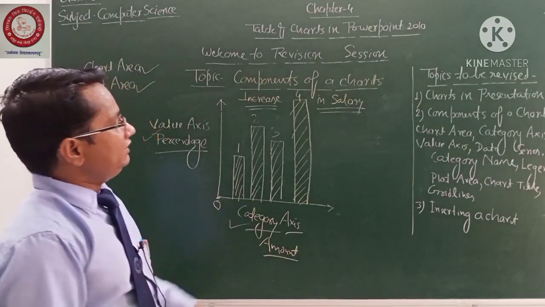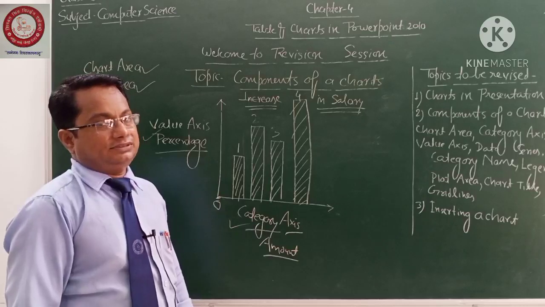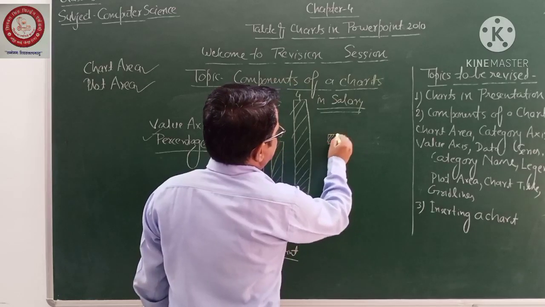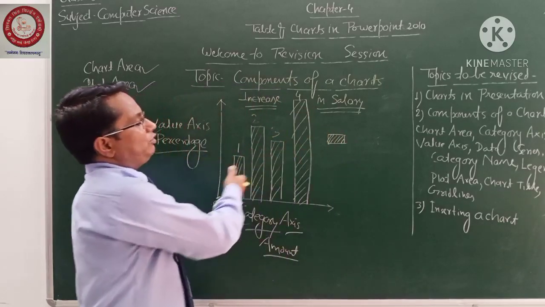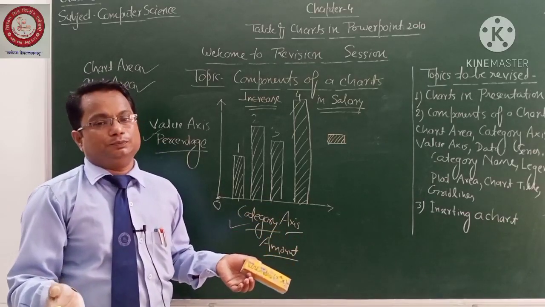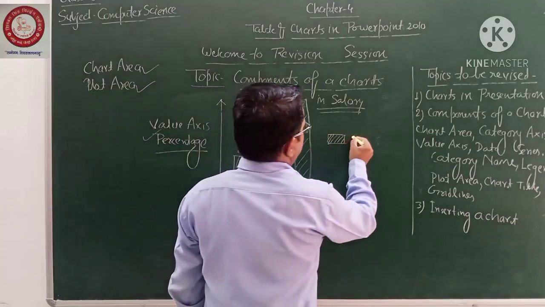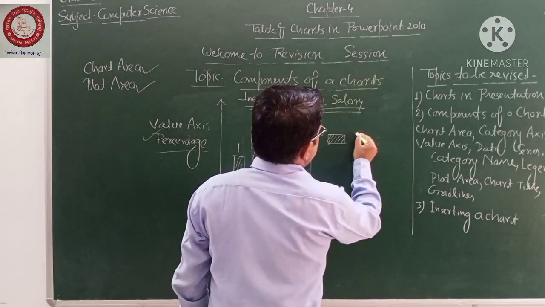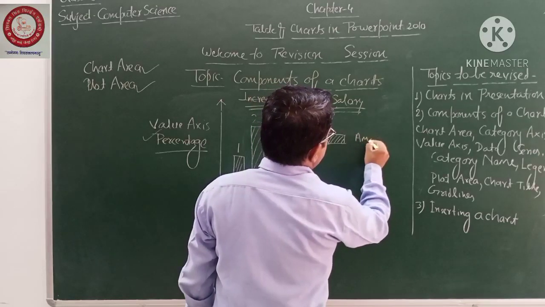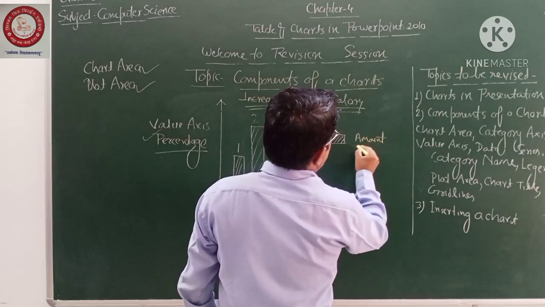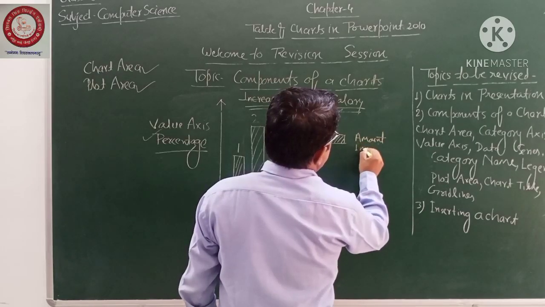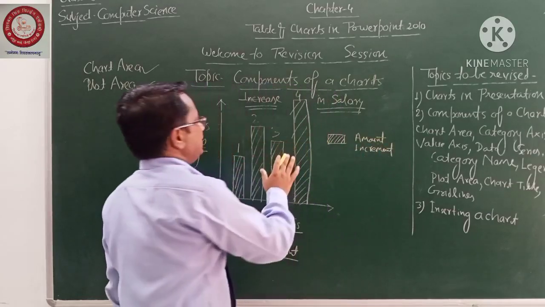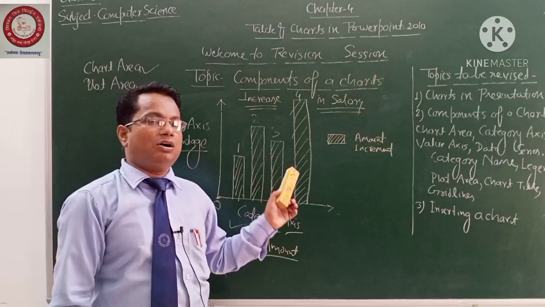Okay, now let me talk about the legends. A legend you can mark here like this. Likewise, I am using this kind of indicator to give you a discussion about this bar. What do these bars tell you? Suppose I have written here Amount increment. These bars show the amount increment.